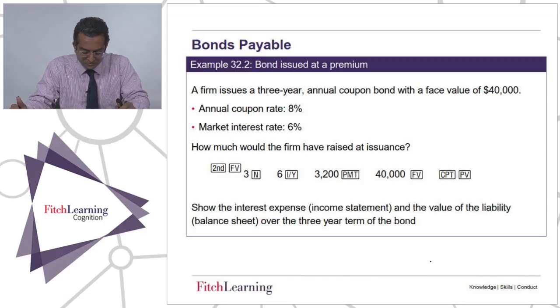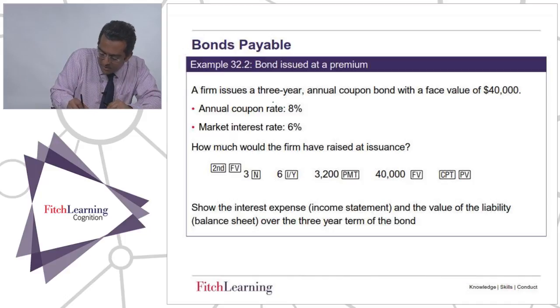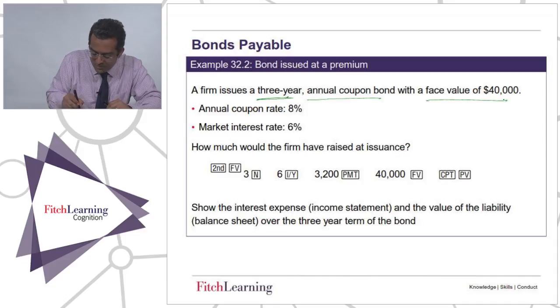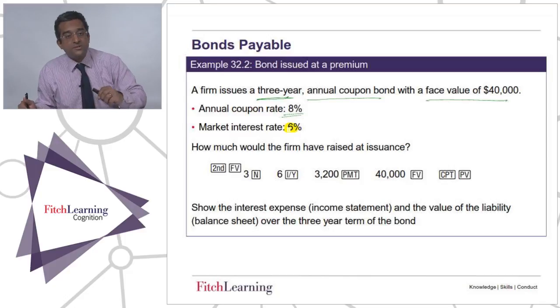And obviously it's the same bond actually. Annual coupons, face value 40,000, coupon rate still 8%. But what we've changed now is that the actual yield the market wants is different. As we can see, the market now wants only 6%. So the coupon is looking rich now.